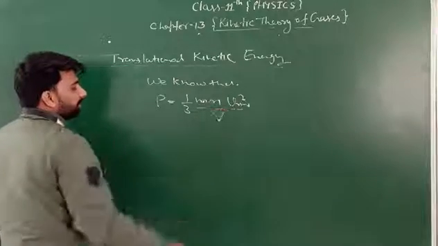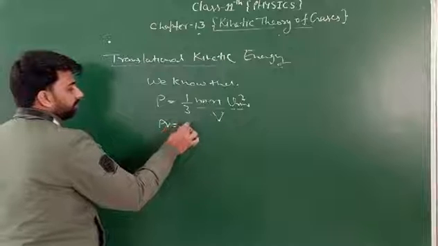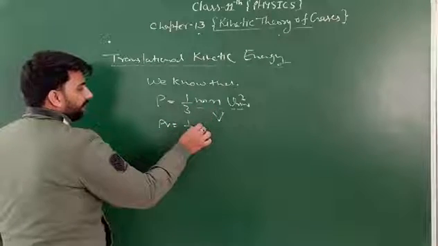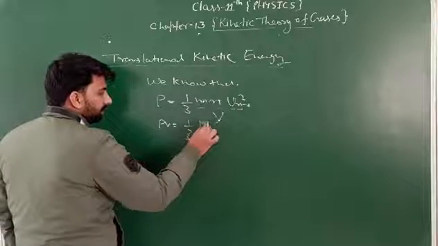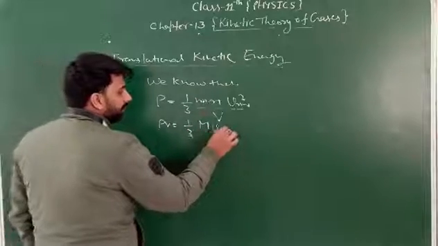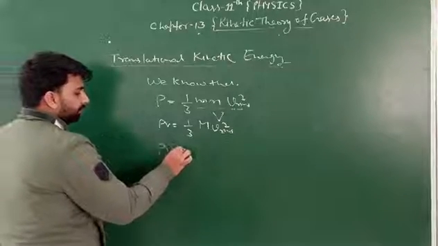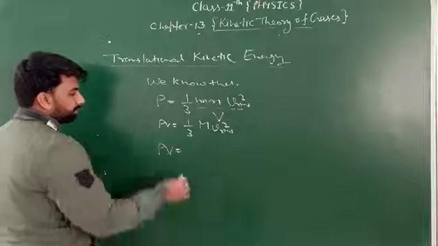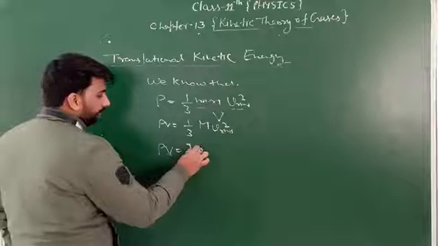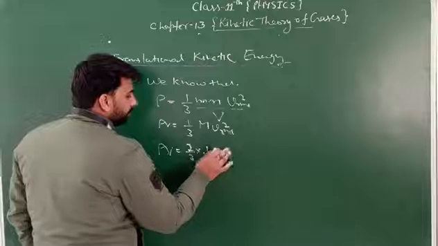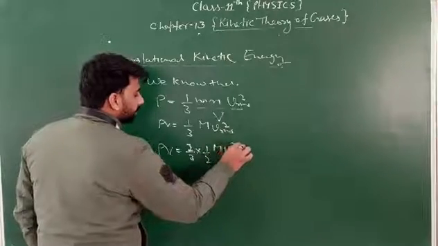So PV = 1/3 times the mass of single molecule and total number of molecules, which means the total mass M of the gas, and Vrms square. So PV is equal to, multiplying by 2 and dividing by 2, 2/3 into 1/2 M Vrms square.